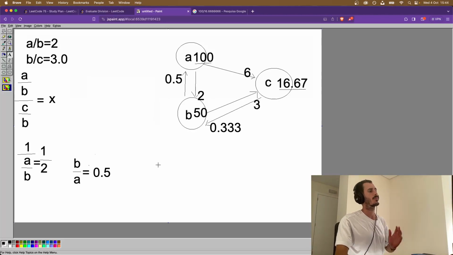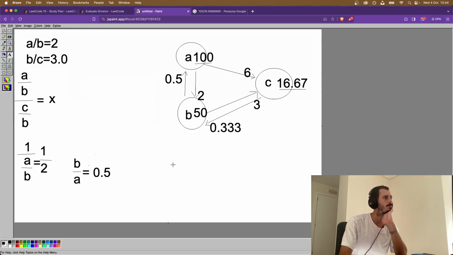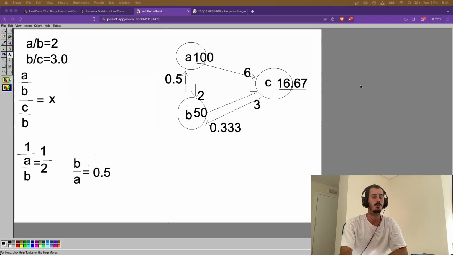So we can do it this way. So I'm going to do it this way. I'm just going to declare an arbitrary value and I'm going to do it.